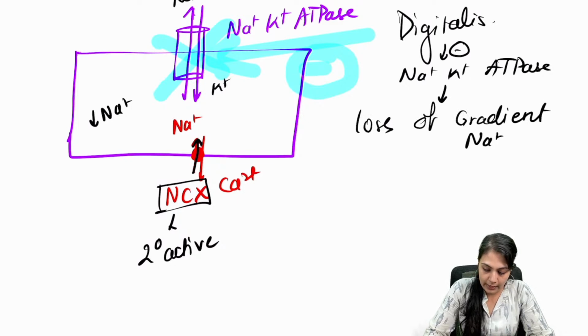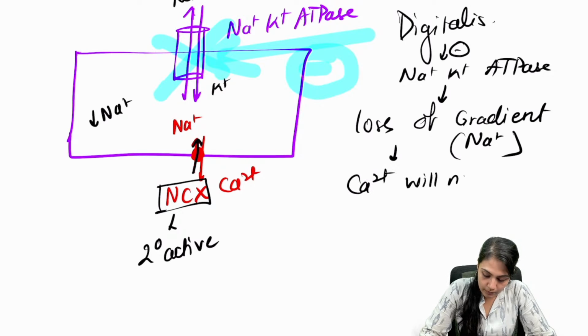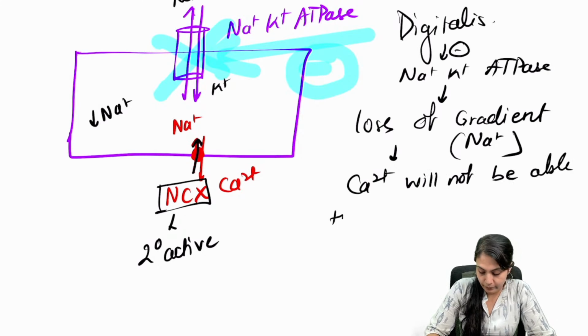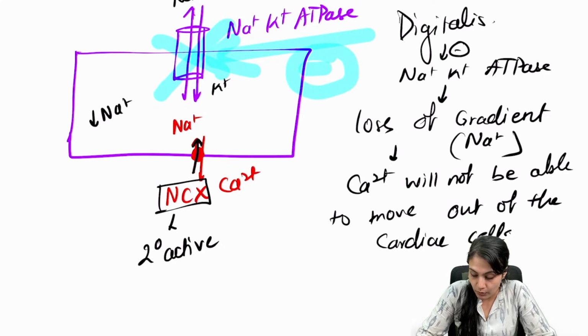So the NCX will be inhibited indirectly, and the calcium won't be able to move out. If it is not able to move out of the cardiac cell, what is going to happen?